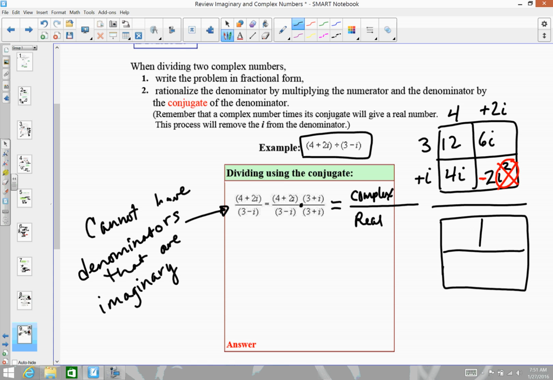I'm multiplying conjugates. 3 minus i, 3 plus i, which gives me 9. My 3i and negative 3i will cancel, and I have a negative i squared, which I'm going to replace with a negative 1. And now I'm going to combine like terms.